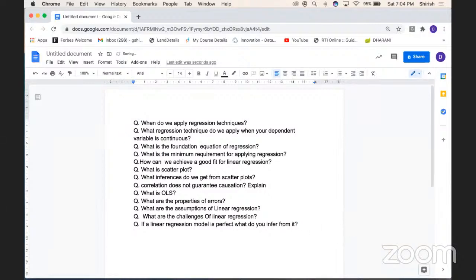Now, if you are talking about regression, we say that multicollinearity exists. If multicollinearity exists, what happens to the overall F test?